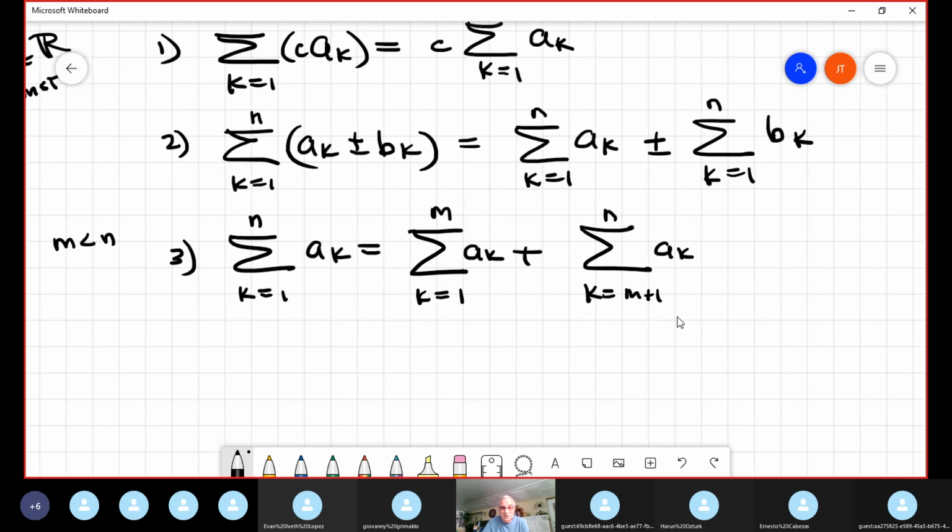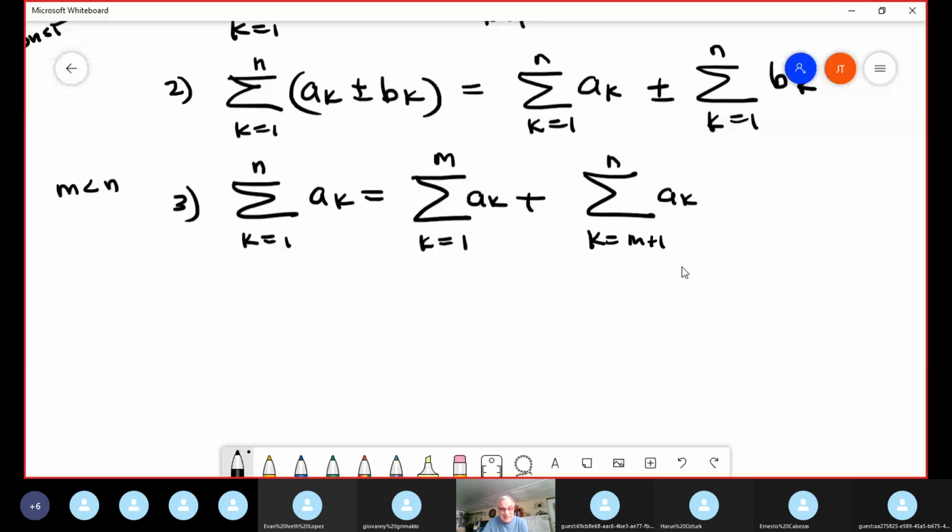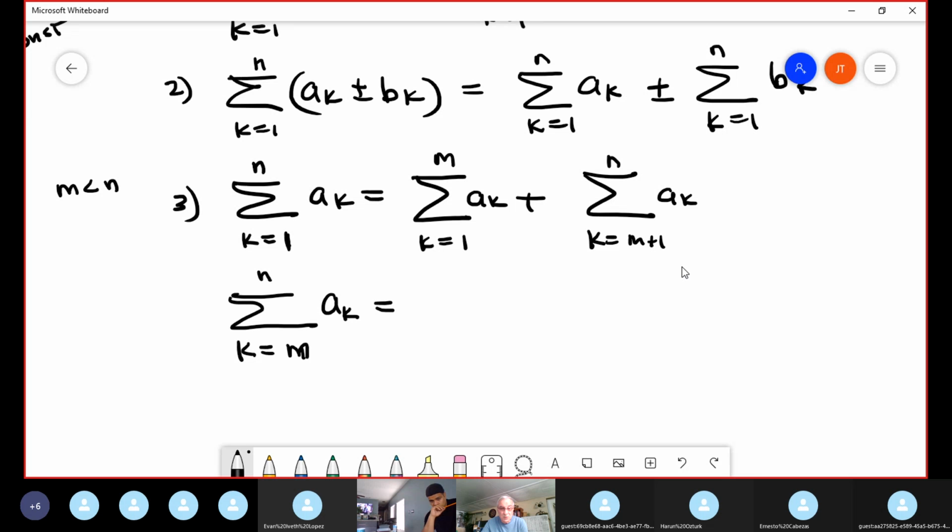Sometimes this property we apply not exactly like that. You apply it like this. Look, you have, for example, summation for k equal m to n of a sub k. Then you have formulas to compute the summation when starting at 1, but when starting at another number we don't. But we break it down like that.